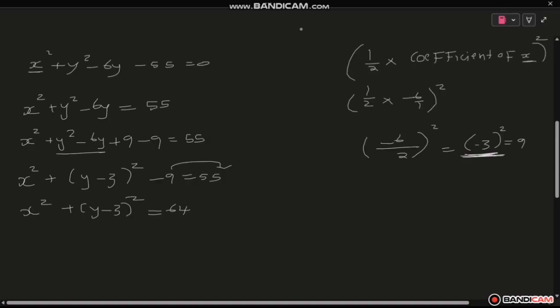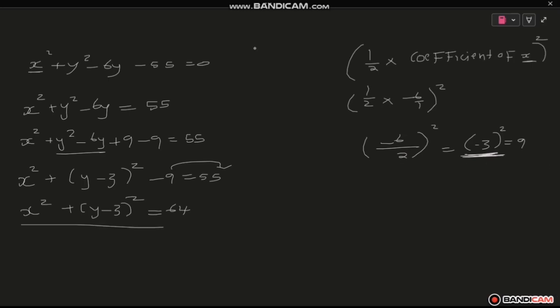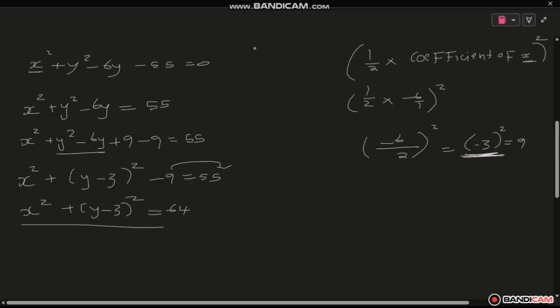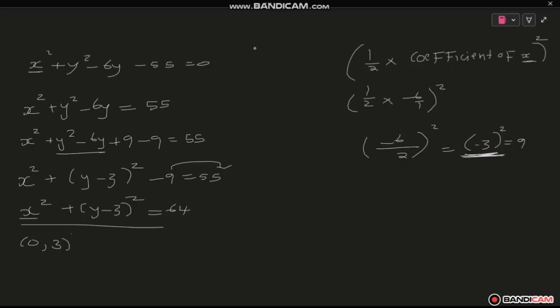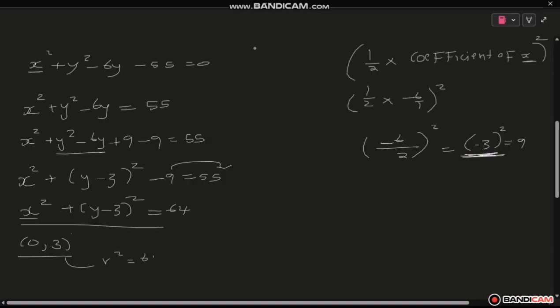But as you can see, that x squared is going to give us 0 as the x coordinate of the circle center. So 0 and positive 3, and this is the circle center. Then what about our r? So r squared equals 64.